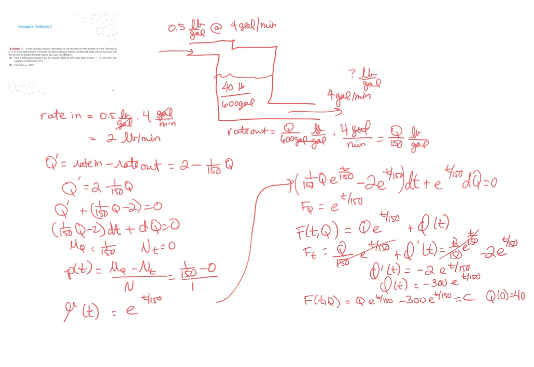By plugging in our initial condition, we can solve for C, which is negative 260, and we find then that our Q of t will be 300 minus 260 e to the negative t over 150. So there is our final model for this specific tank.